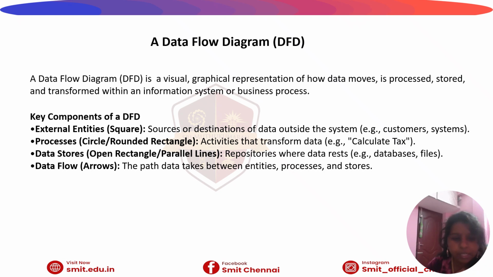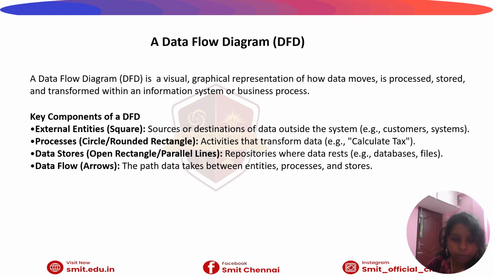External entities are represented by a square. These specify the customer or system, and they are described outside the system. Processes are represented by a circle or rounded rectangle. These are used for specifying the activities that transform the data.